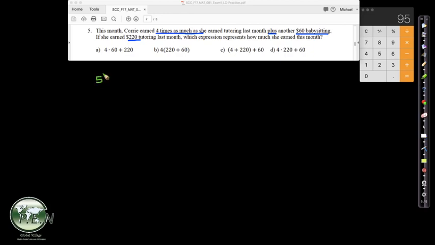So for number 5, we're going to want to take what she made last month, and the first thing we need to do is multiply that by 4. And then we need to add a 60. So the multiplication has to happen first, and then we need to add the 60. Multiplying, then adding.